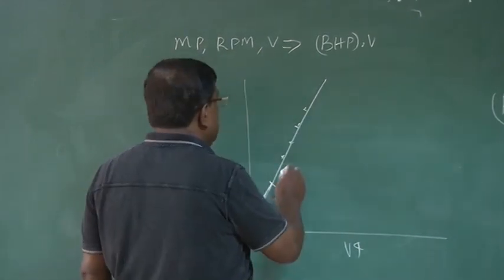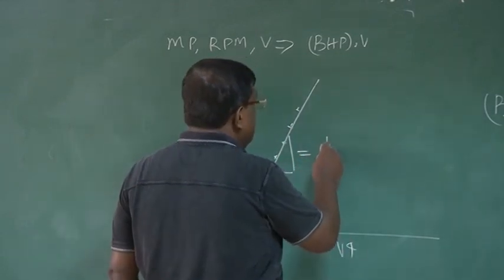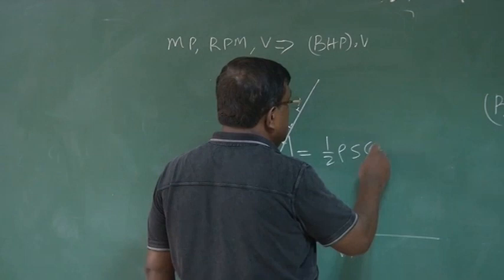Once you do that, you take the slope, and this is equated to half rho S CD naught.